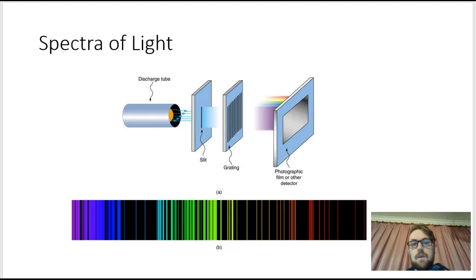So again, this is what happens if we have some kind of light source that we don't really know what's a part of, and we put it through a transmission grating. What we see, our pattern labeled B down here, is the individual types of light that comprise this beam that we're sending in there. So you can see there's a lot in this band.